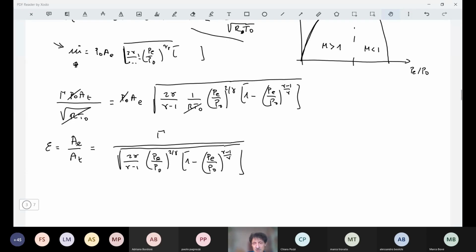Another important quantity is, of course, the ratio P0 over PE. These are both ratios greater than 1 that we can call the pressure ratio. And this is the area ratio.